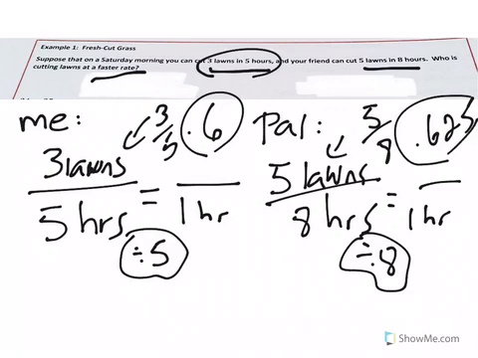You would see it's very, very close, but the friend is cutting a little bit faster because they're cutting 0.625 lawns in an hour. You're only cutting 0.6. That's one way to do it, and I didn't even do the math part where we actually had to do that division. I'm going to show you another way we can do it.